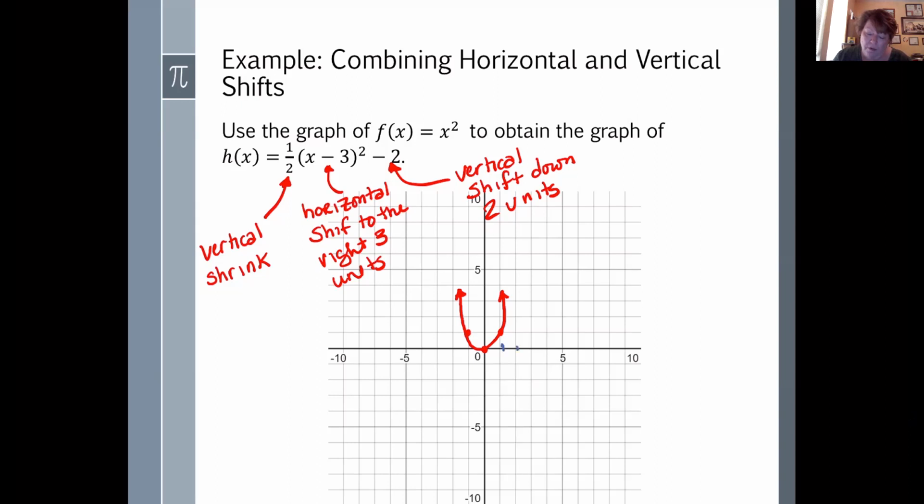So we're going to move it to the right 3 units: 1, 2, 3. And then we're going to move it down 2 units. But then we're going to take that graph and shrink the vertical coordinates by 1/2.